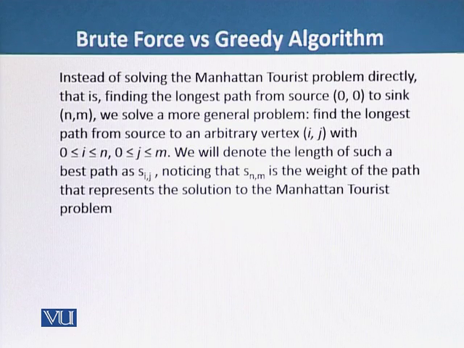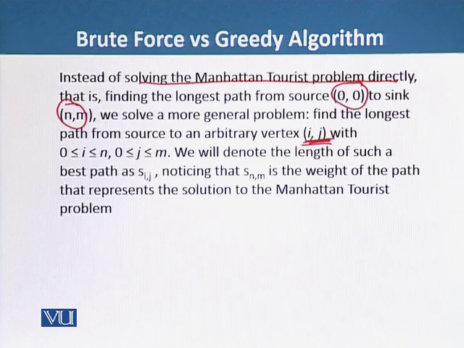So instead of using the brute force or the greedy algorithm to solve the Manhattan tourist problem directly, that is, finding the longest path from the source, which we have seen is 0,0, to the end point sink N,M, we solve the more general problem. Find the longest path from the source to an arbitrary vertex i,j.